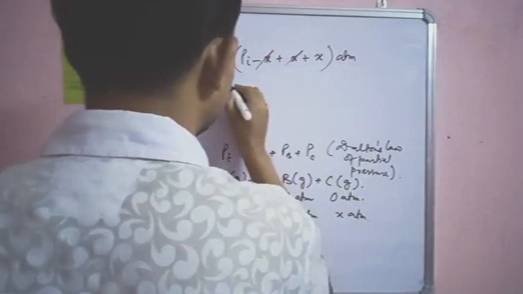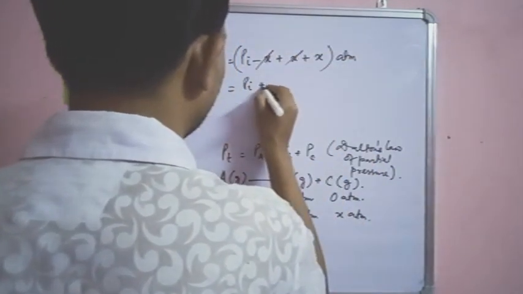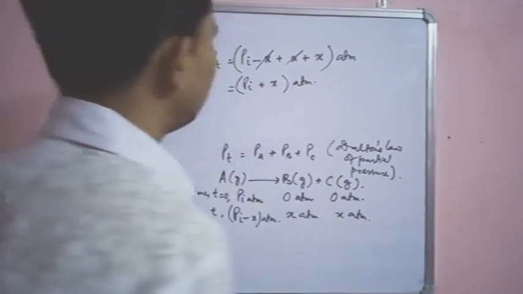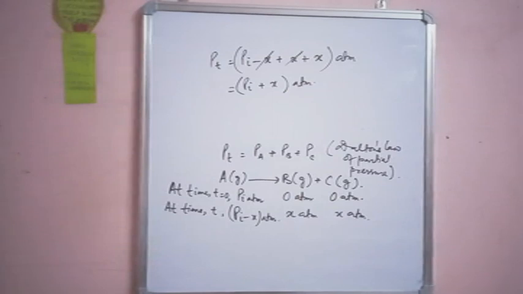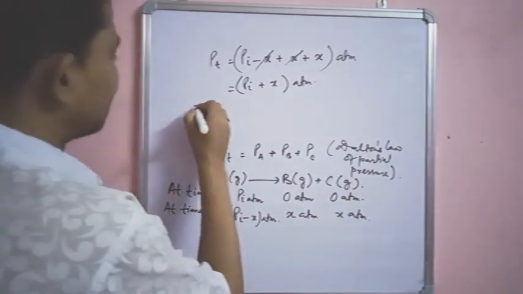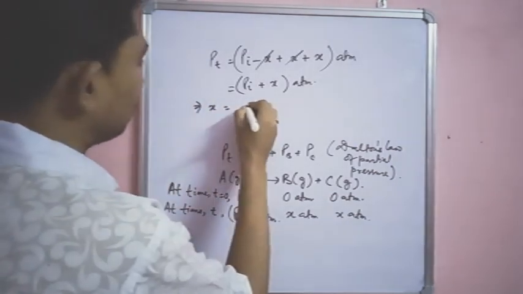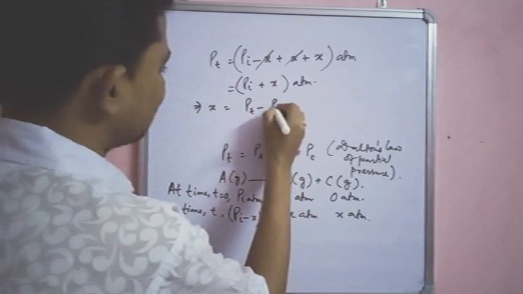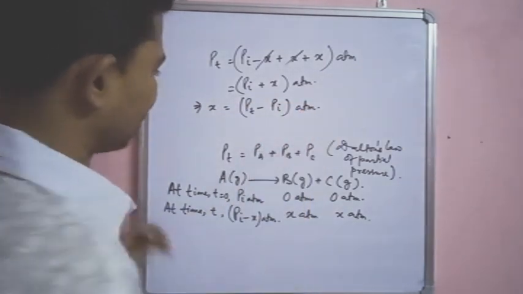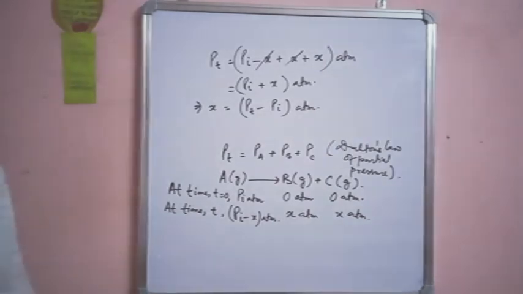Minus x and plus x cancel out, so it is equal to Pi plus x atm. So the total pressure is Pi plus x atm, which implies x is equal to Pt minus Pi atm. This is the value of x.